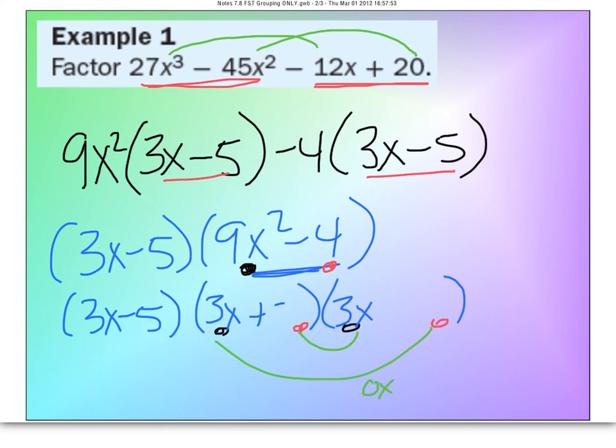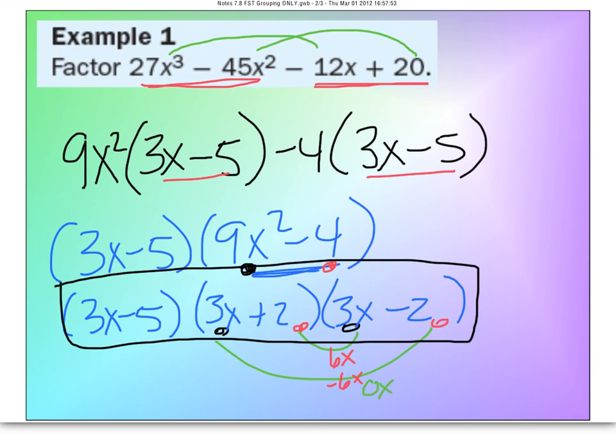So if I do plus 2 minus 2, I can confirm this. 2 times 3x is the 6x, and then 3x times negative 2 is negative 6x, and those add to 0. Again, the highest exponent I have is x to the first power. This cannot be factored any further because of that, and this is our final answer.